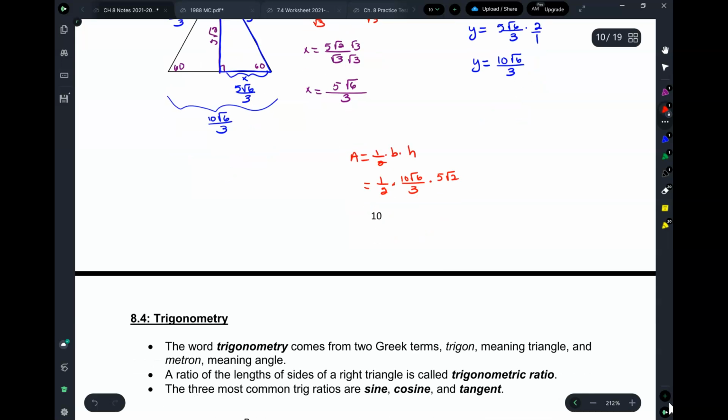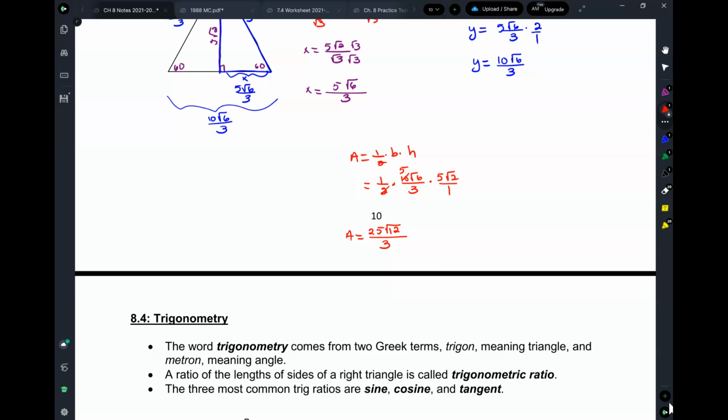So here we go. Now let's see what we can do here. This 2 can reduce with this 10 and become a 5. So area is, this is over 1. In the numerator, I have 5 times 5, 25 root 12 over 3. I'm this close to being done.